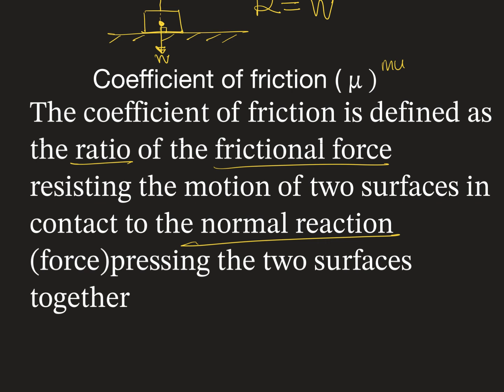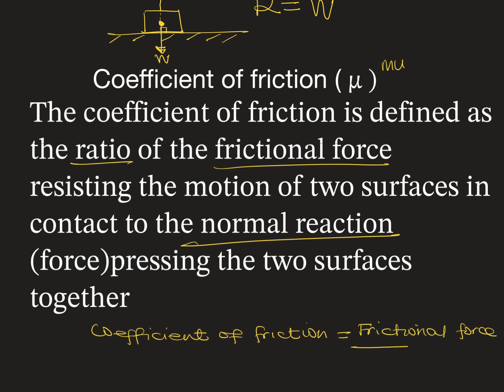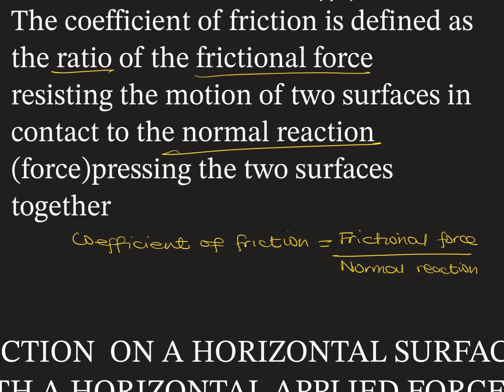So, by definition, coefficient of friction is equal to the frictional force divided by the normal reaction or the normal force. Okay, so coefficient of friction is mu. This is equal to frictional force F divided by the normal reaction R. So mu is equal to F over R.